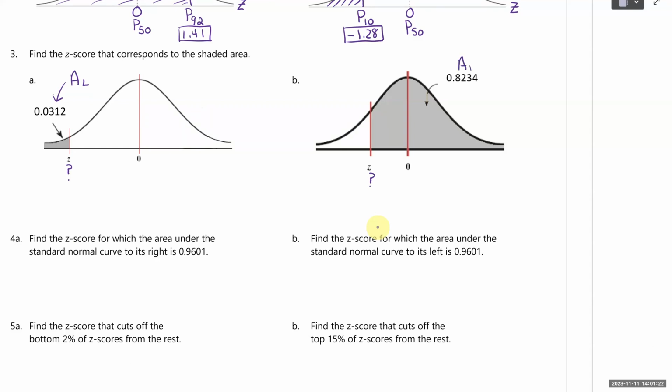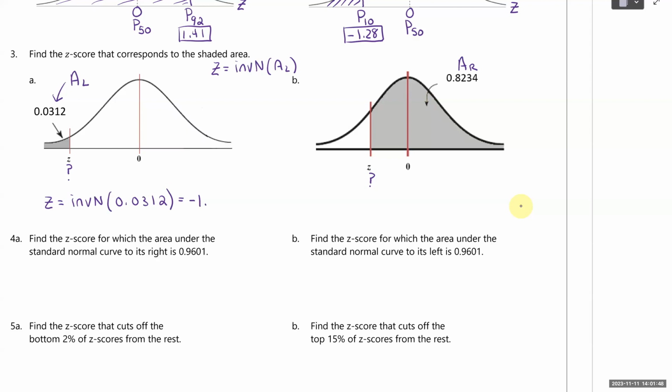They shaded the area to the right of it. And we know to find z-scores, we always inverse norm the area left of the z-score we're trying to find. So for A, we can go straight to inverse norm because we have the area to the left of it.